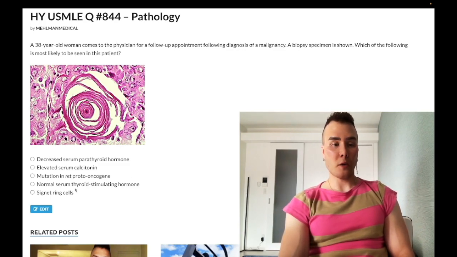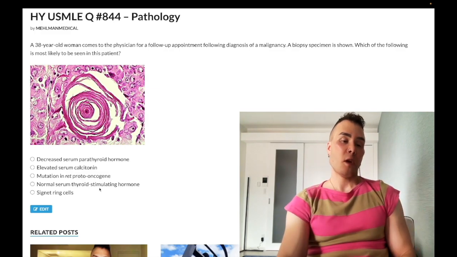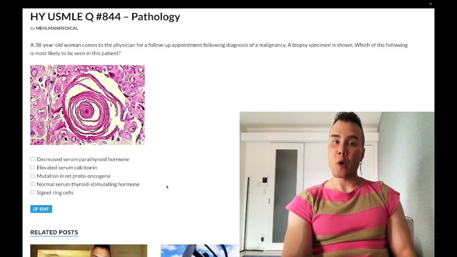Choice D, normal serum TSH. Correct answer. So you need to know that in malignancy of the thyroid gland, malignancy being papillary, follicular, medullary, anaplastic, etc., so for cancers of the thyroid that have malignant potential, meaning they have metastatic potential, patients are going to be euthyroid almost always, sometimes hypothyroid.